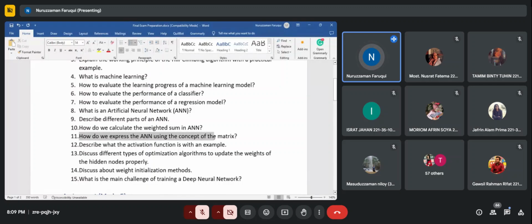And how do we express ANN using the concept of matrix? You see, all of these questions actually refer to a single figure, one or two figures. So it looks like a lot, but actually it's not. When you start recording your session, then you will understand it's not that many. Okay, don't be worried about it.